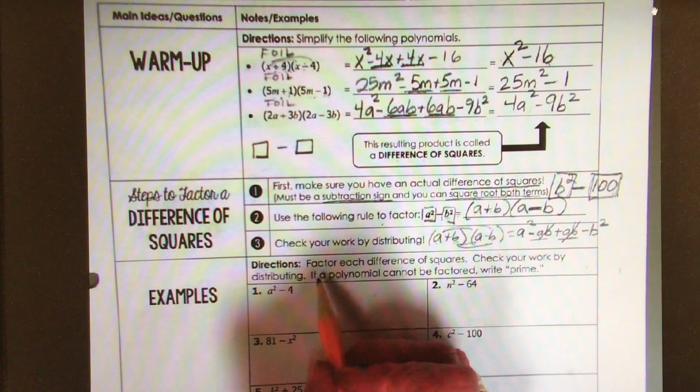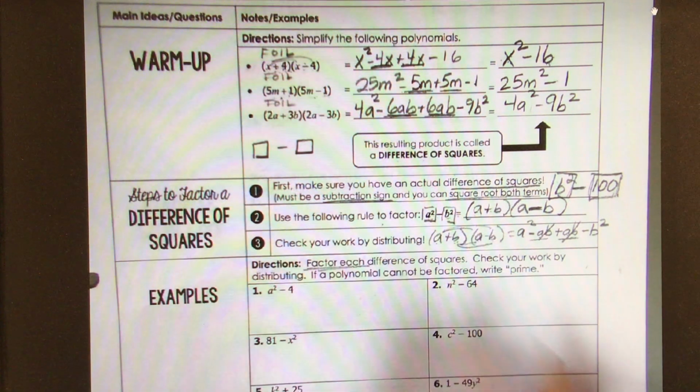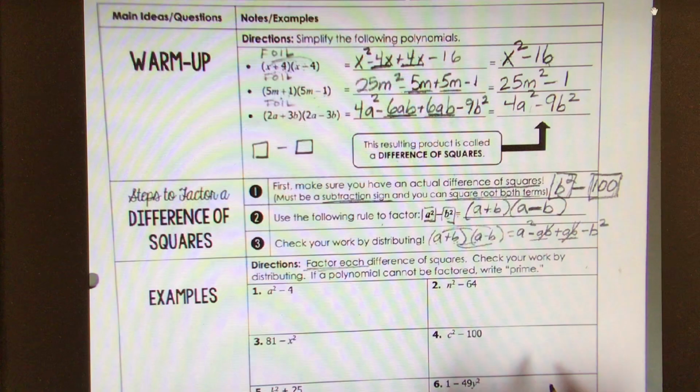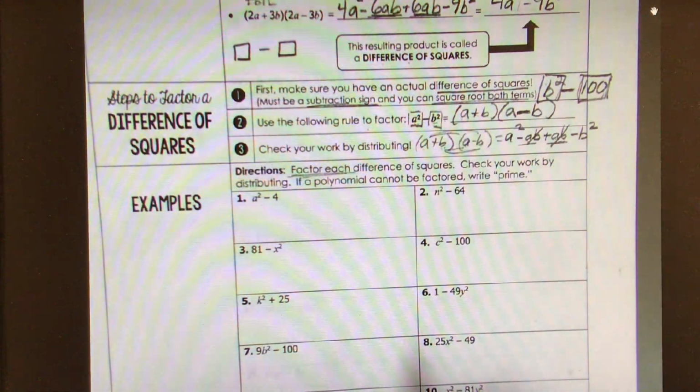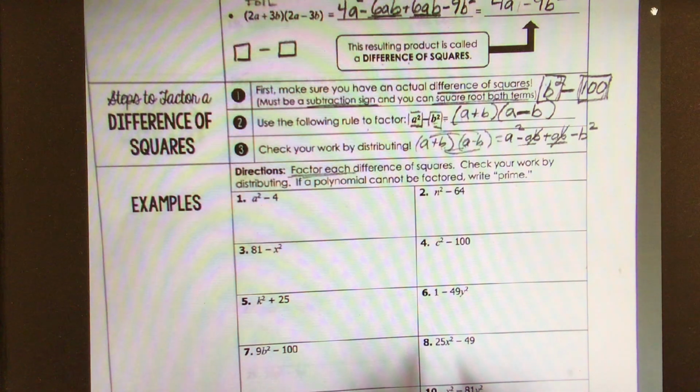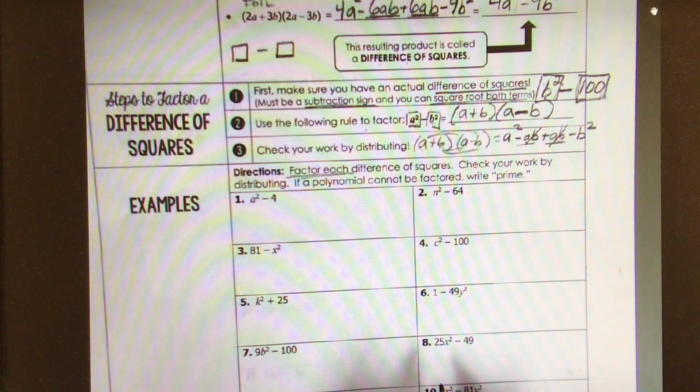Again, the goal is to factor the differences. If you're wondering, because I'm sure some of you are, I hope that some of you are, this does not work if you have the sum of squares.